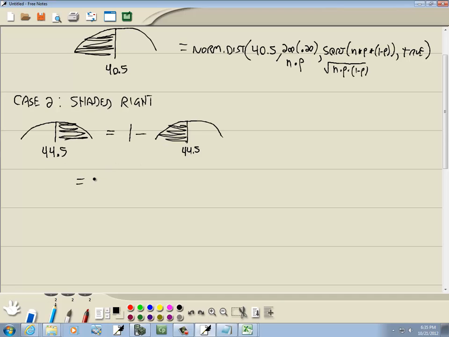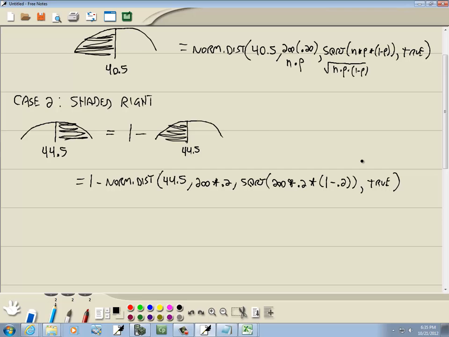So how we'll put this into Excel then is we do equals 1 minus NORM.DIST, our 44.5, in times, and I'll put an asterisk there for times, 0.2, comma, square root, in times p times 1 minus p, closing parentheses on the 1 minus, closing parentheses on the square root, comma, TRUE, and then closing parentheses.